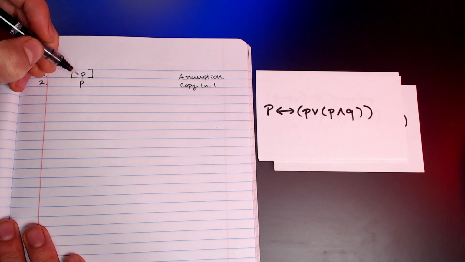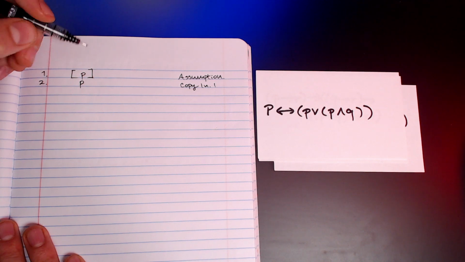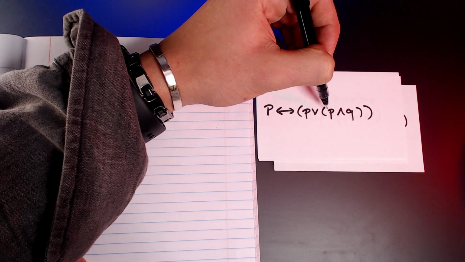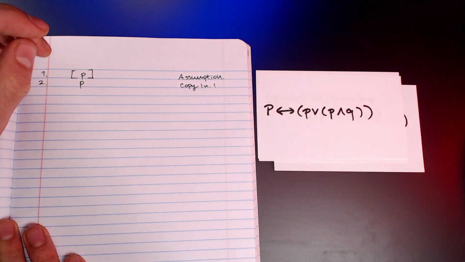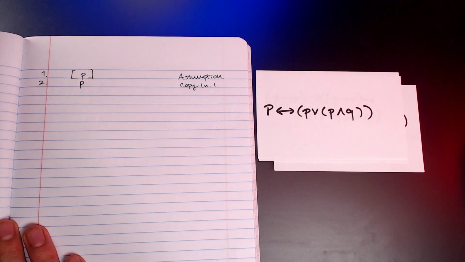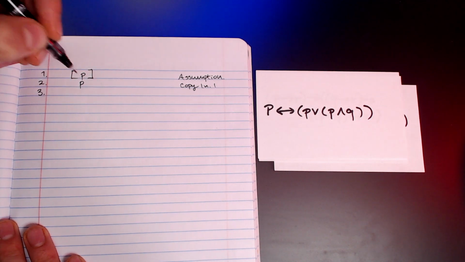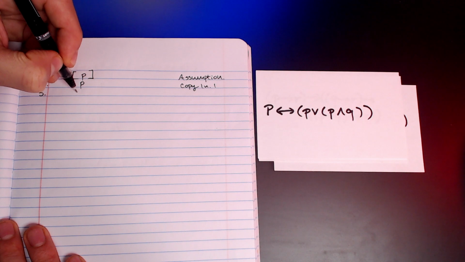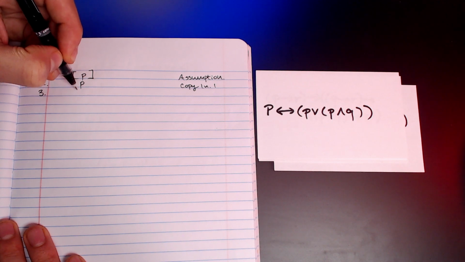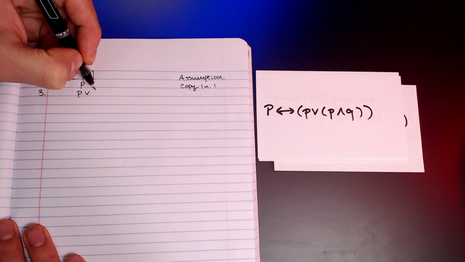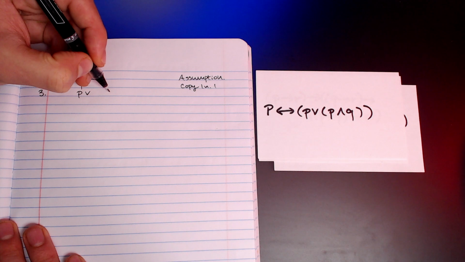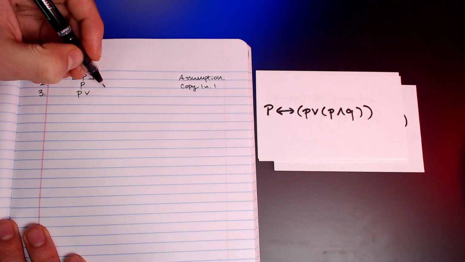And if P is true, we have to somehow get this P or P and Q part. How could we do that? Well, it seems tricky, but it's really just a simple step. Because if P is true, then P or anything else would also be true. Right? We could put A, B, C, D, E, F, G, you know.